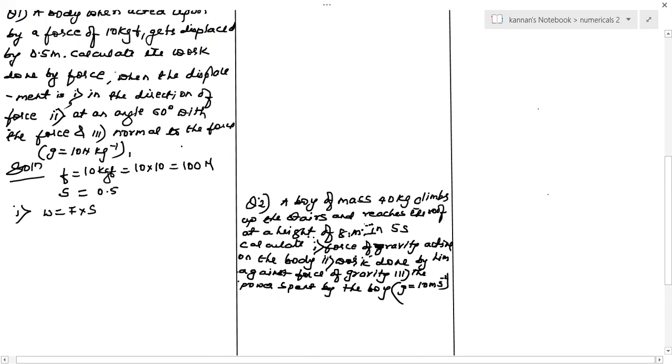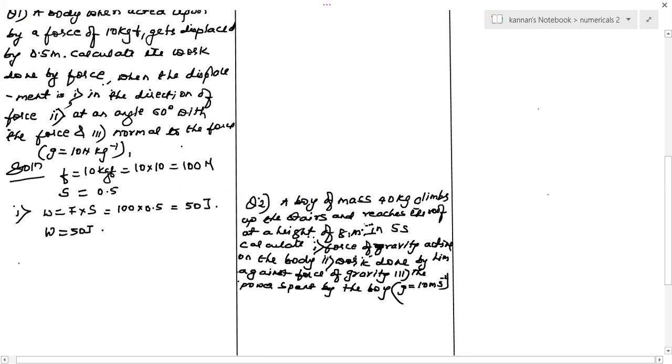So we put the values. How much is F? 100 Newton. How much is S? 0.5 meter. So this comes to 50 joules. Got it? So remember, first one, work done is equal to 50 joules.